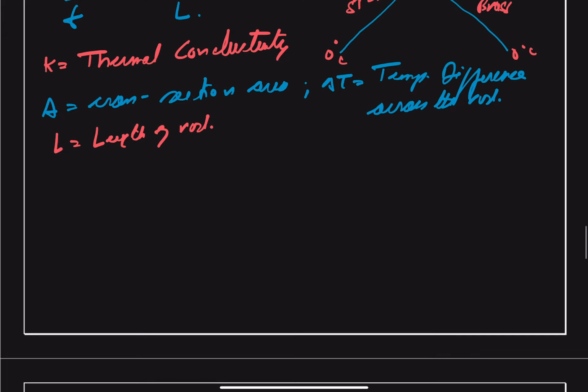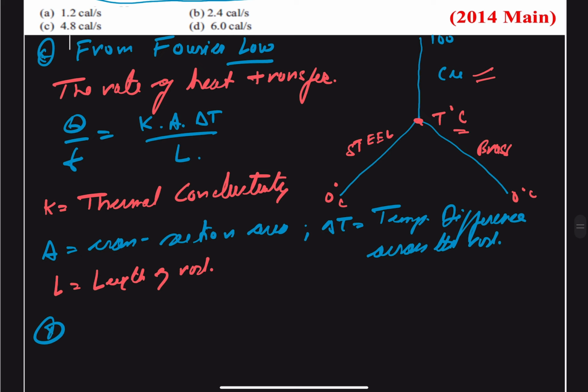So at steady state, we can say that the heat flow through the copper is equal to the combined heat flow through the brass as well as steel rod. So the rate flow from the steel plus rate flow from the brass will be equal to the rate flow from the copper rod.